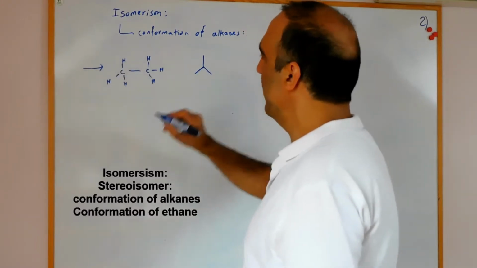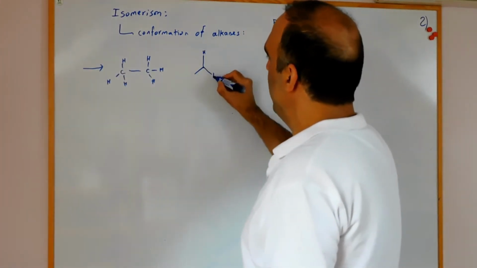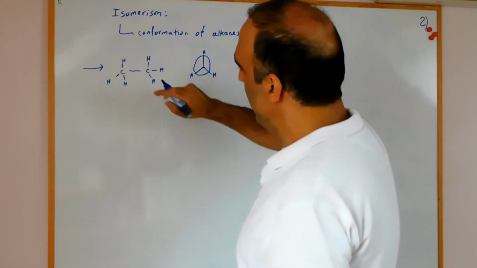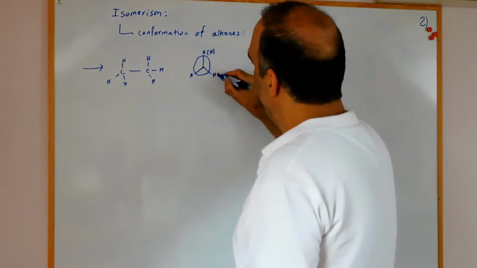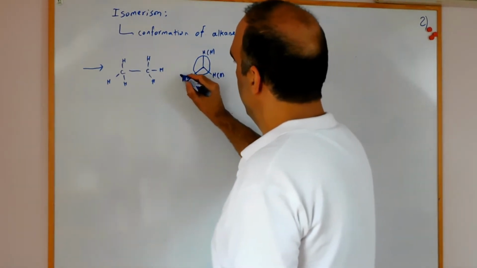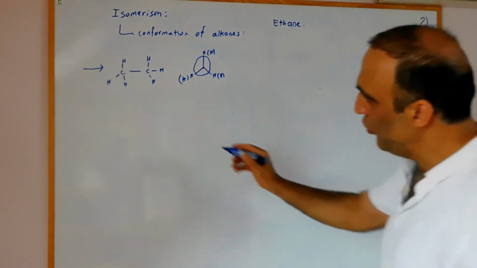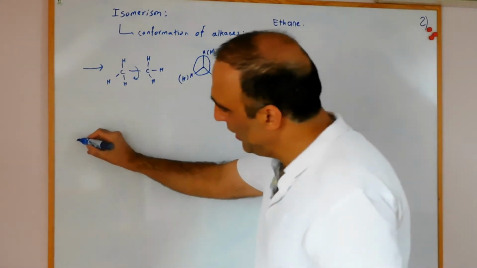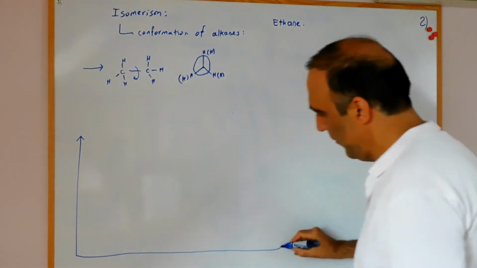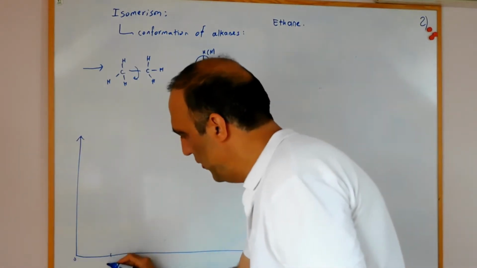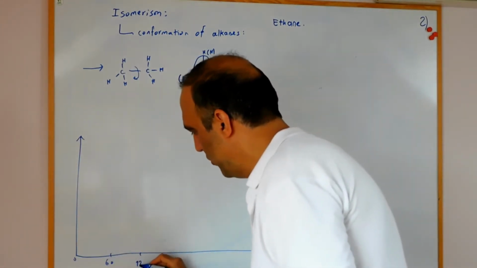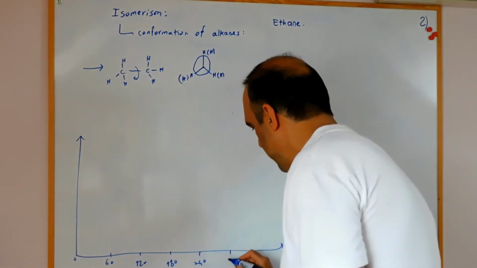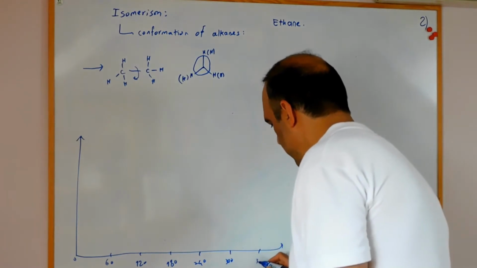As we see in the Newman projection I showed before, if I look from this side, this carbon is in the middle, and the hydrogen is in that part. This hydrogen is exactly behind that hydrogen. If I rotate this bond by 60 degrees, I draw the energy diagram: 0, 60, 120, 180, 240, 300, 360.